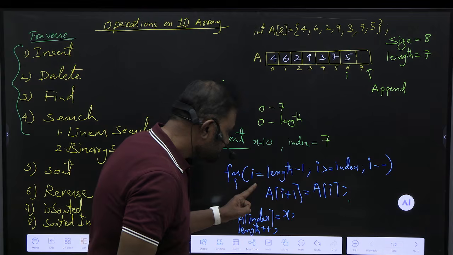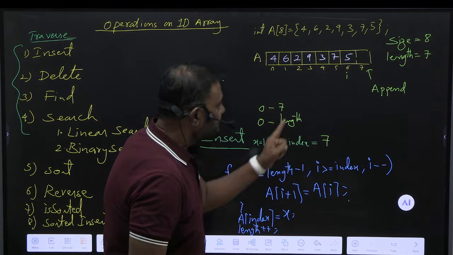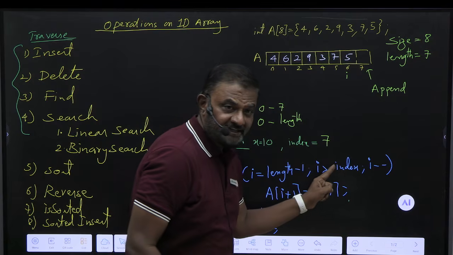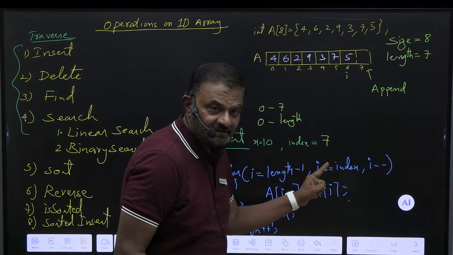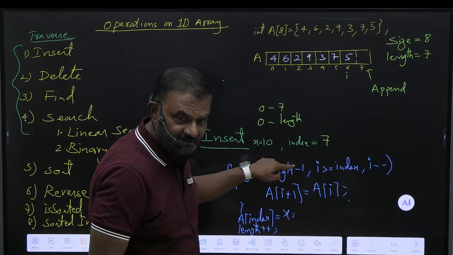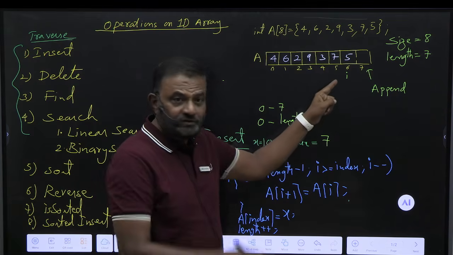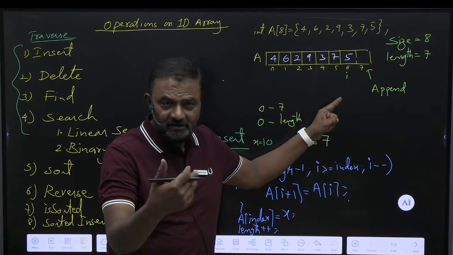Now the loop checks whether i is greater than or equal to index. Index is 7, since I want to insert at index 7. Is i greater than or equal? No, it is smaller. Neither equal nor greater, smaller.